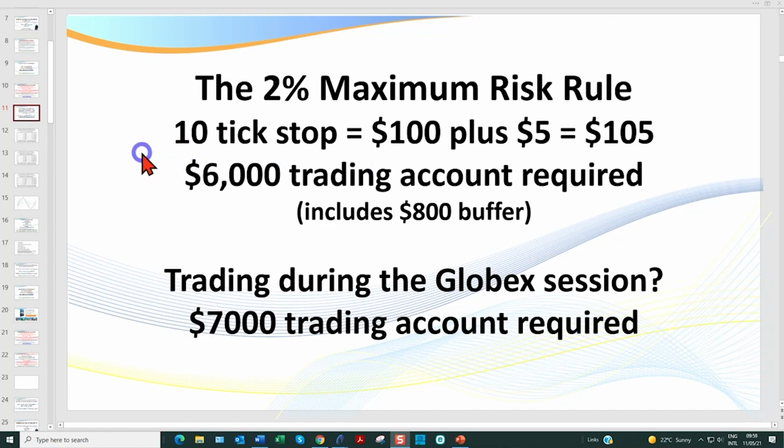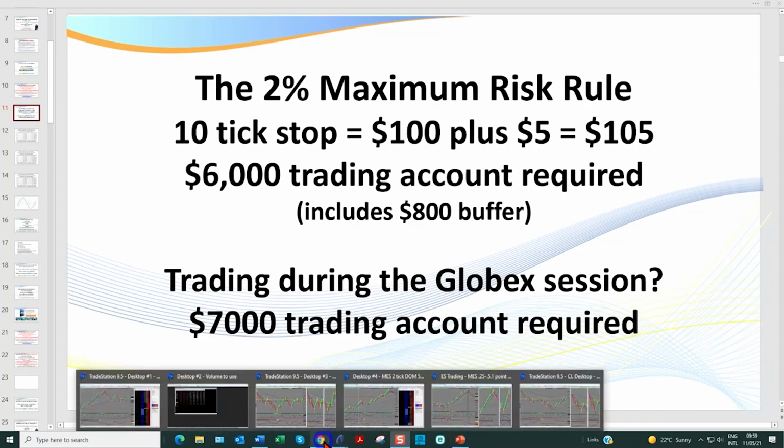So that's $100 at $10 a tick plus your commissions. So you're going to pay your broker anywhere from $5 down to $3.50 depending on the volume and who you're trading with. Now what that means is you'd need a trading account of $5,200 plus a buffer. If you're new to trading a market, I always recommend you have a bit of a buffer there for a couple of down trades when you first start trading.